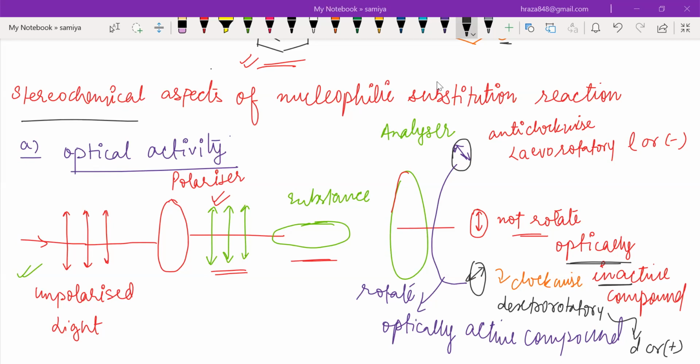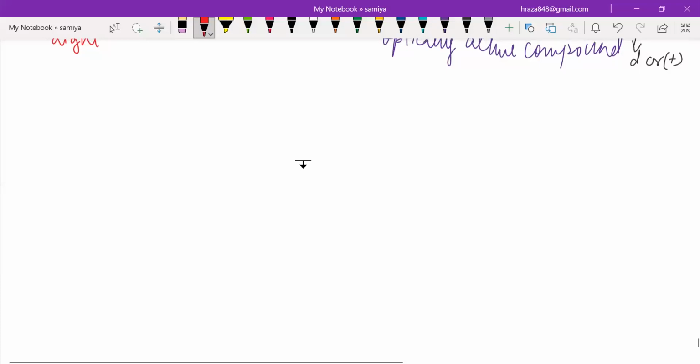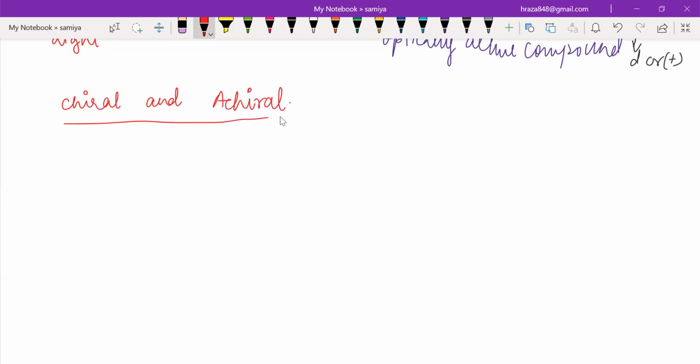Now see, we have some terms which we need to clear out. First is basically chiral and achiral. So you can see from the name, one will be the opposite of the other. Yes or no? Yes, sir. So what is chiral?